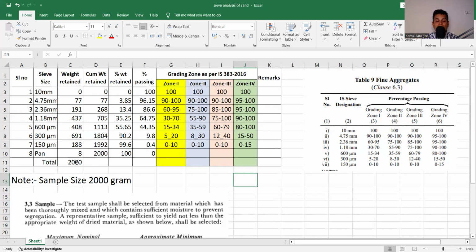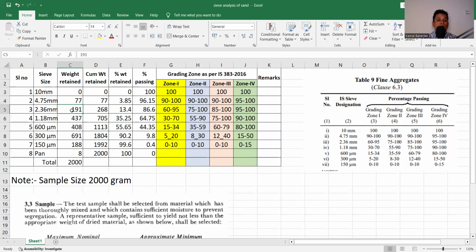What is my total weight of the sand? That is 2000 gram. First we do the sieve analysis, and after that we weigh whatever is retained on each particular sieve. On the 10 mm sieve, suppose we get 0, so the weight retained is 0. On 4.75 mm, say for example 77, so we weigh and write down 77.